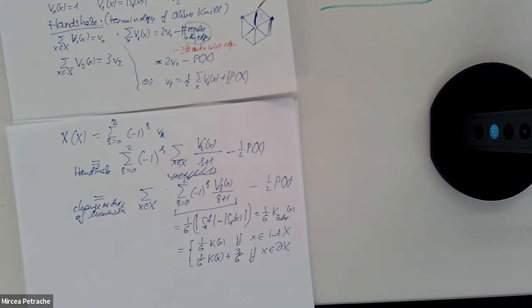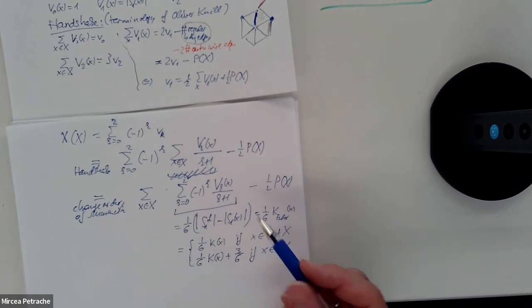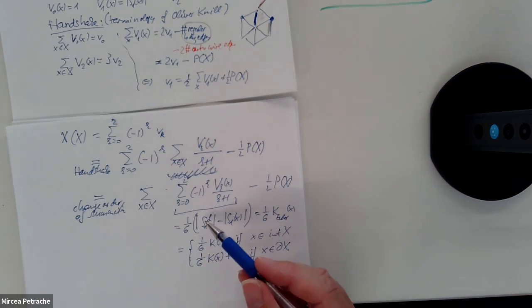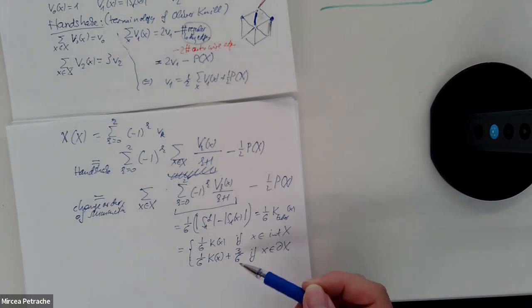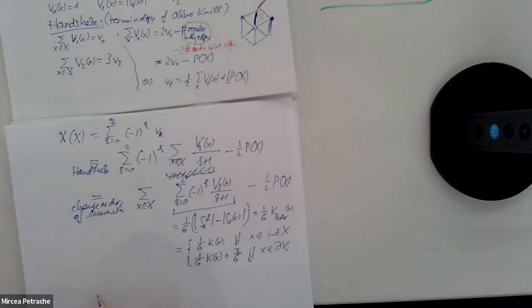Because there I subtracted here, the correct curvature has only half the sphere here. So I have to add the extra 3. And so now I get a nice term.